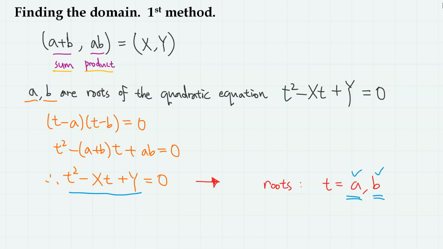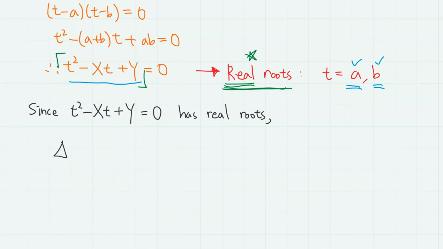But these a and b are not just two roots. They are two real roots. Here we are using the fact that this quadratic equation has real roots. This means that the discriminant of the quadratic equation must be non-negative, so we have X squared minus 4Y is greater than or equal to 0.